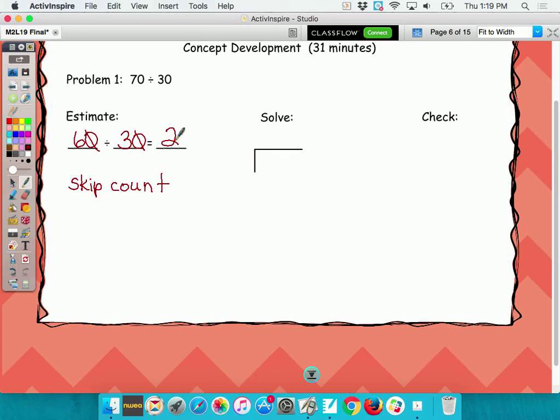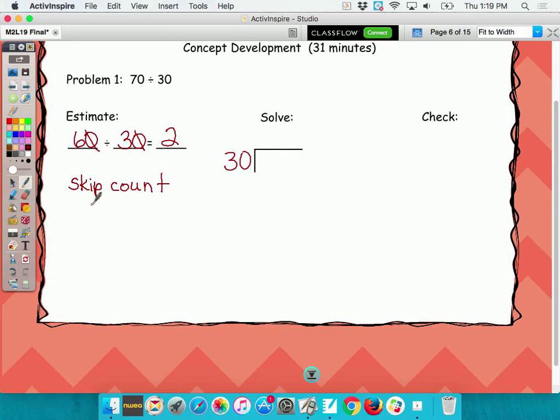Okay, the next strategy is to skip count. You're going to skip count by your divisor. What's your divisor? 30. So that's just like skip counting by 3's, correct? Yes. But you had a 0.